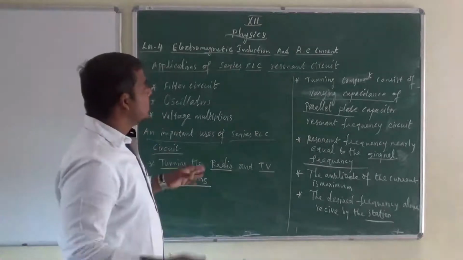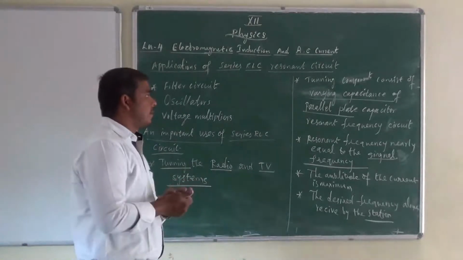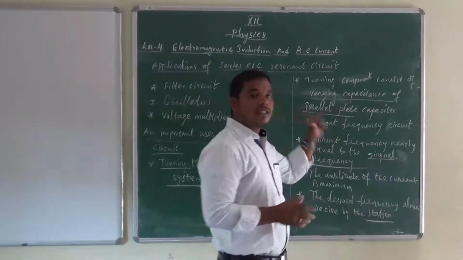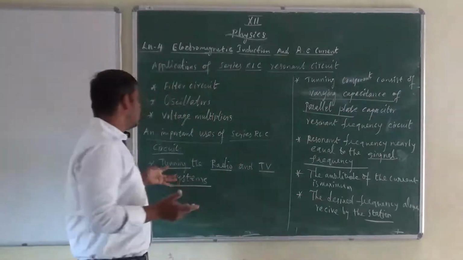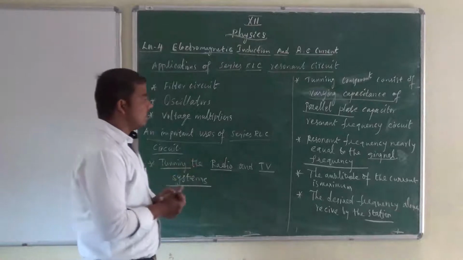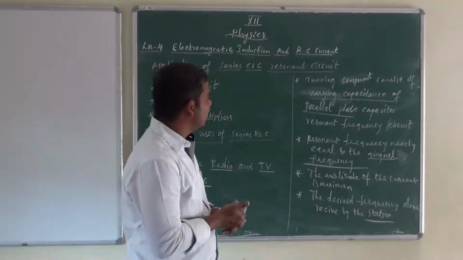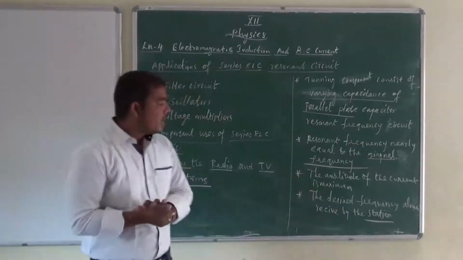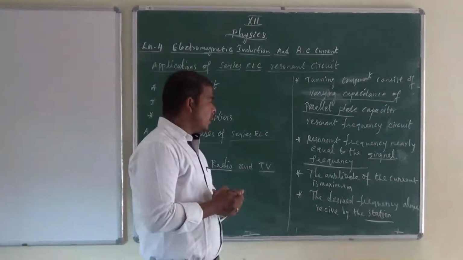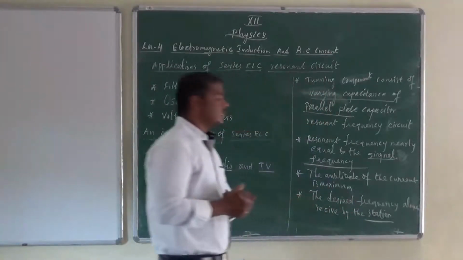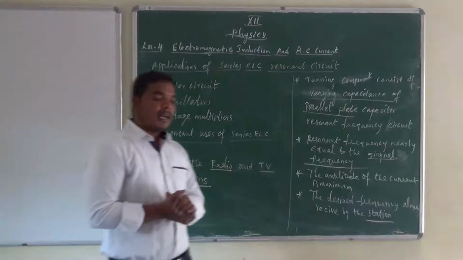The tuning component consists of the varying capacitance in the series resonant circuit. This helps in tuning the radio and TV system. How is it possible? The resonant frequency is equal to the signal frequency, so the amplitude of the current in the circuit is maximum.